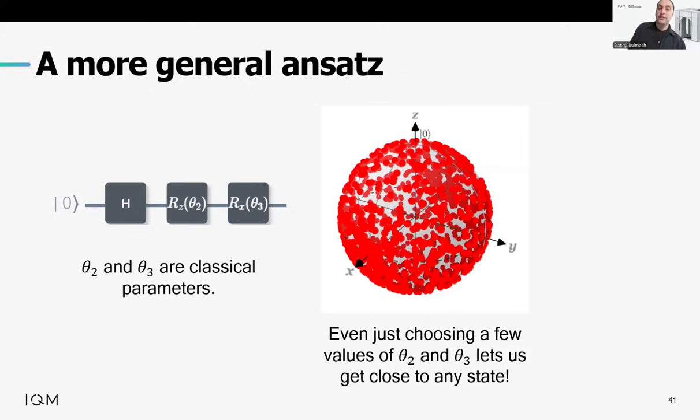So this ansatz, no matter where the solution is, will get close to the solution to our problem for some values of theta 2 and theta 3, because it covers the entire Bloch sphere very easily. And so we want, with as few values of theta 2 and theta 3 as possible, to get as dense a coverage as possible on the Bloch sphere so that we can approximate any solution we want.